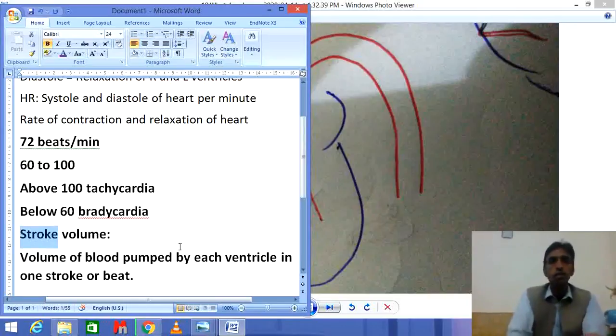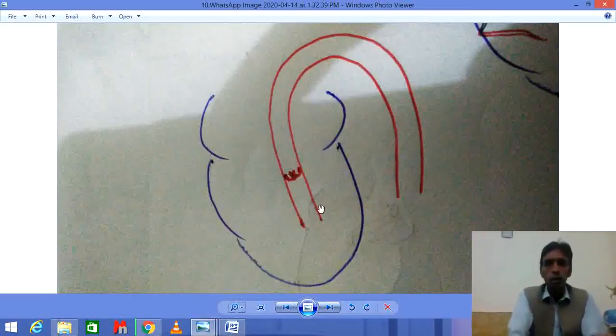Stroke means beat. Stroke means the contraction of the ventricle. So stroke volume means the volume of blood pumped by each ventricle in one stroke. In stroke volume we generally represent the volume of blood pumped by the left ventricle of the heart in one beat.